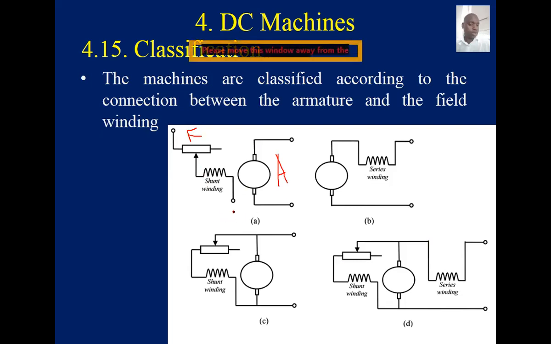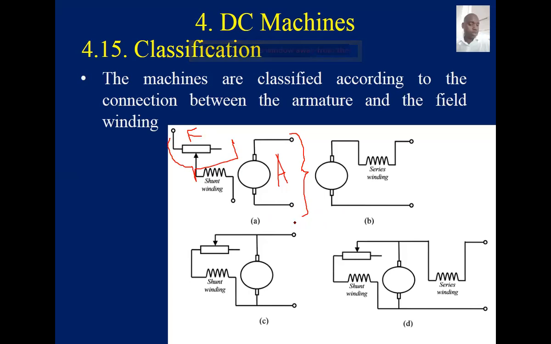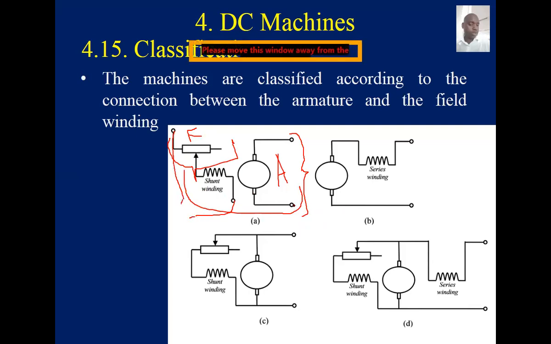If the machine is separately excited, the field winding and the armature winding are not connected to the same source. That means they are separately excited. So this is a separately excited machine arrangement where the field winding is supplied by one source, and the armature winding is connected to another source.